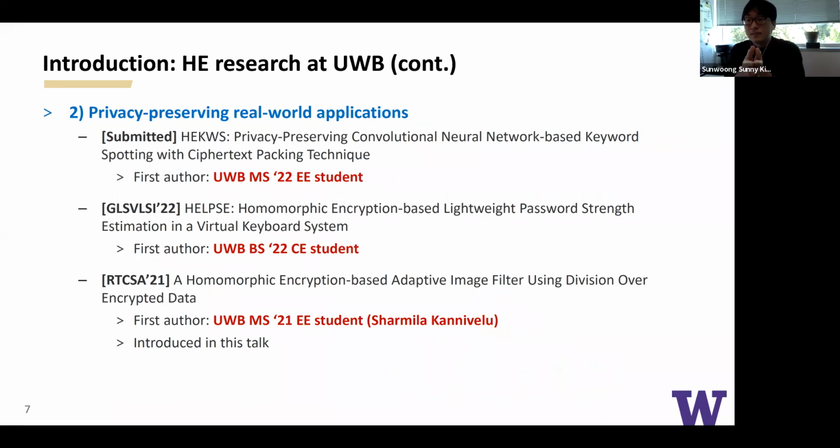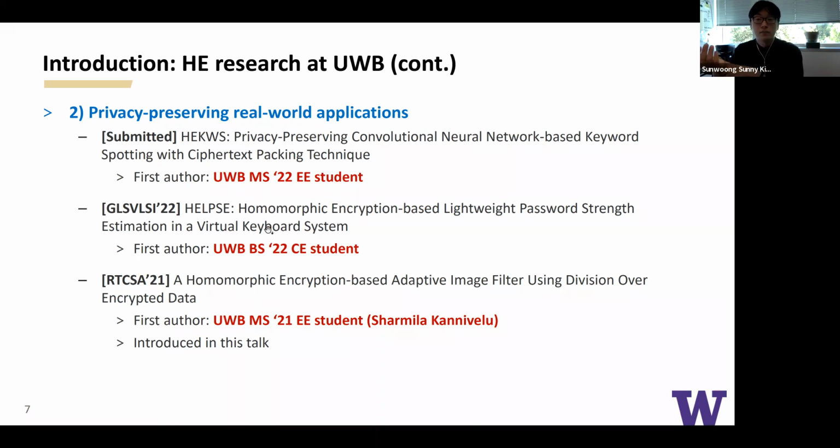And the second topic is privacy preserving real-world applications. For example, one Bothell MSE student did research on privacy preserving convolutional neural network-based keyword spotting, and we recently submitted a paper using the results.